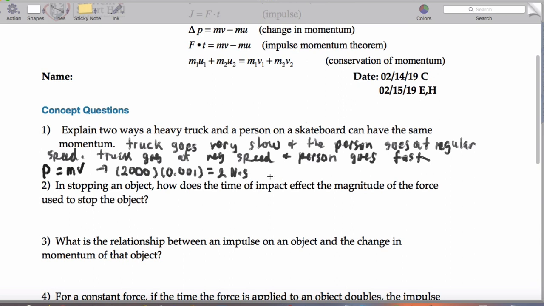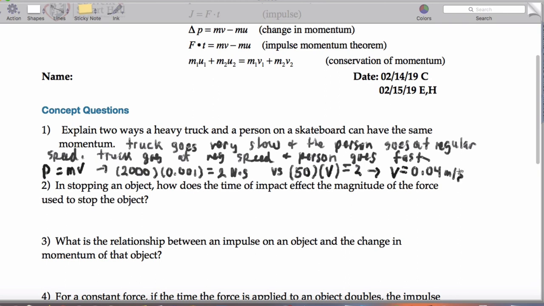Now, let's take a 50 kilogram person. If we have a 50 kilogram person, and we want them to also have 2 Newton seconds worth of momentum, then their speed would need to be 0.04 meters per second.